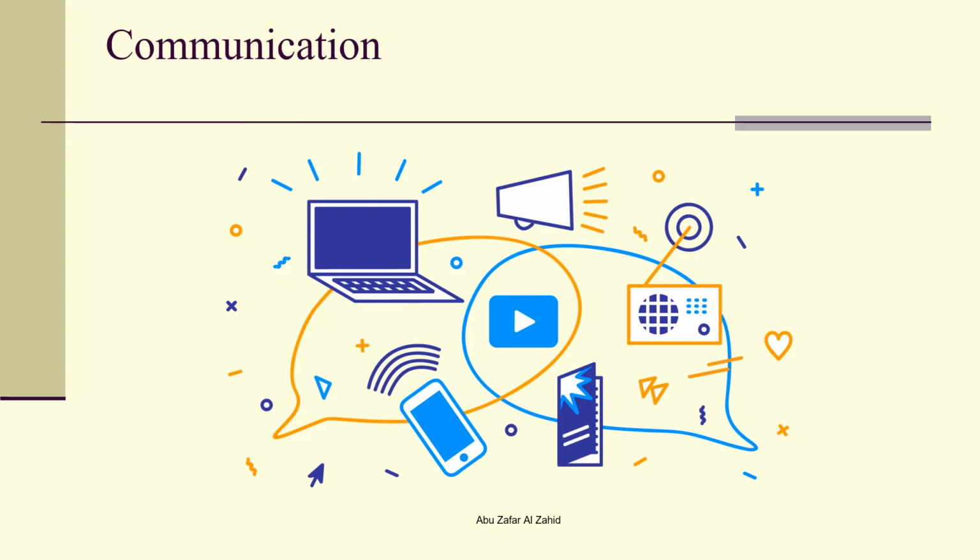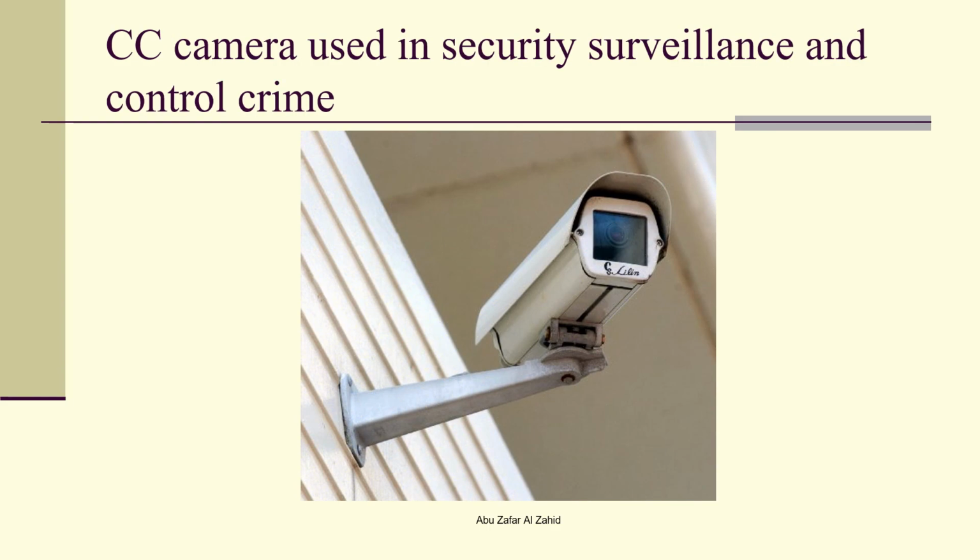ICT is also used in the field of communication. This field depends greatly on ICT devices. Nowadays, we can communicate with our friends instantly by using various ICT devices. The use of ICT devices in the field of communication has changed this field totally. CC camera or closed circuit camera is used in security surveillance. It is an ICT device. It controls crime when we use CC camera.